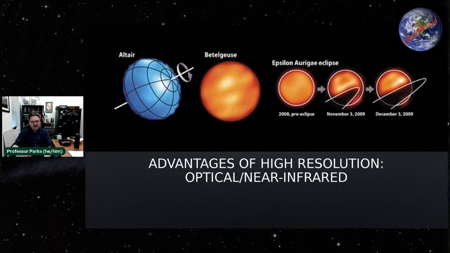It is noticeably not spherical anymore. It is an oblate spheroid. The equatorial radius is far larger than the poles. This was implied through observations, but it was not confirmed until we got a direct image of Altair using the CHARA Array.